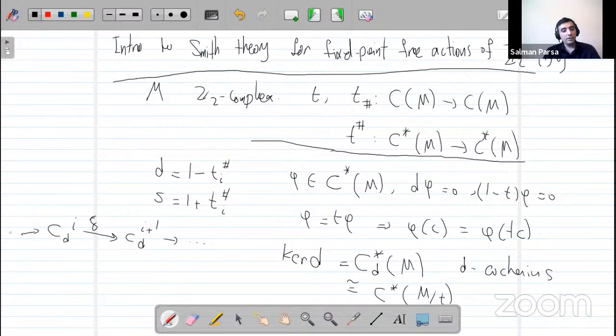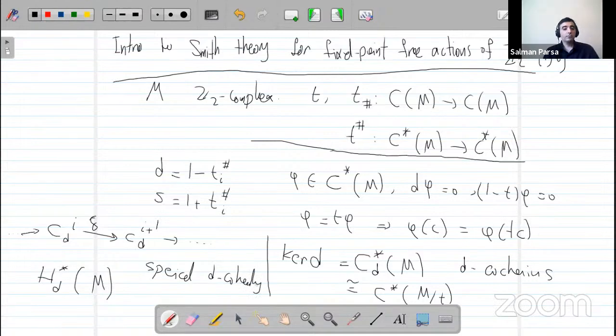And then you have a chain complex of D cochains. If you compute the cohomology of these, then I denote that cohomology with HD of M. And this is called the special D cohomology.